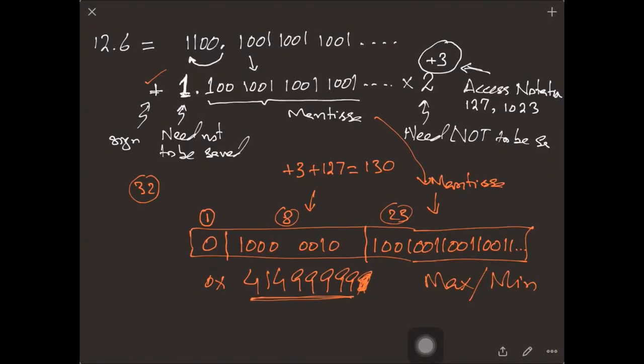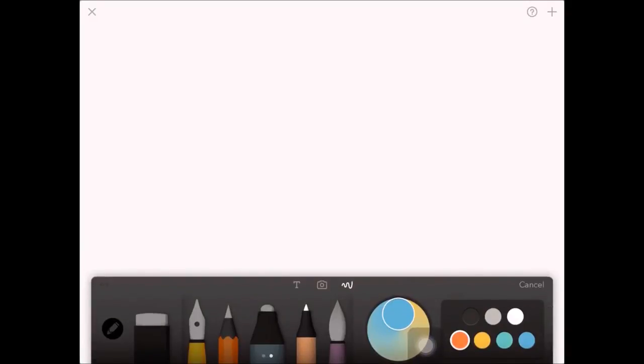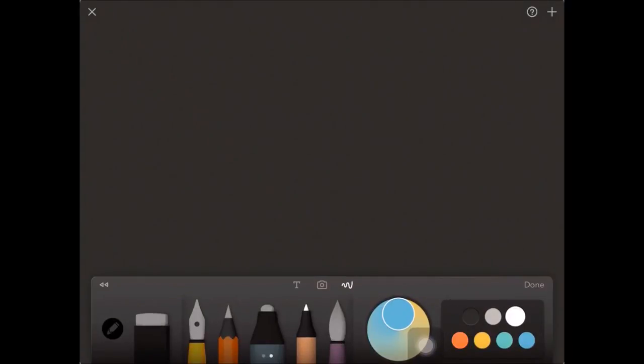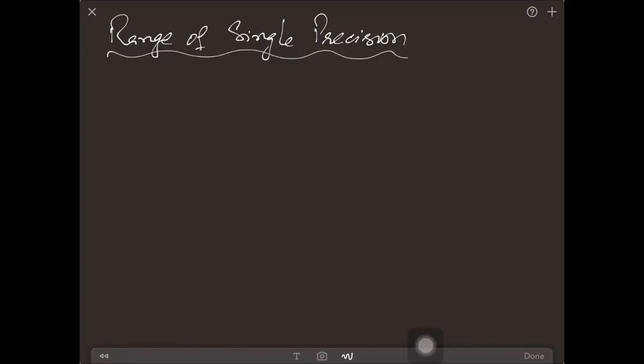Okay, now let's see the range of single precision numbers. As we know, single precision numbers come in 32 bits.